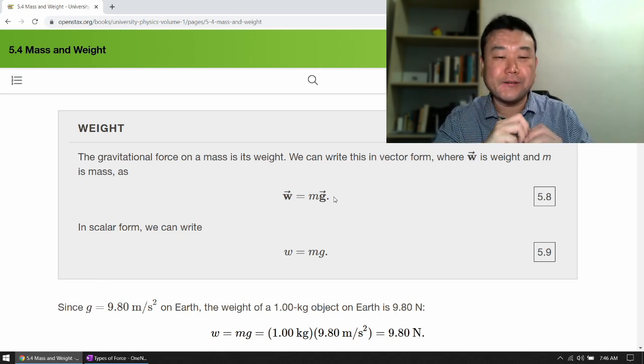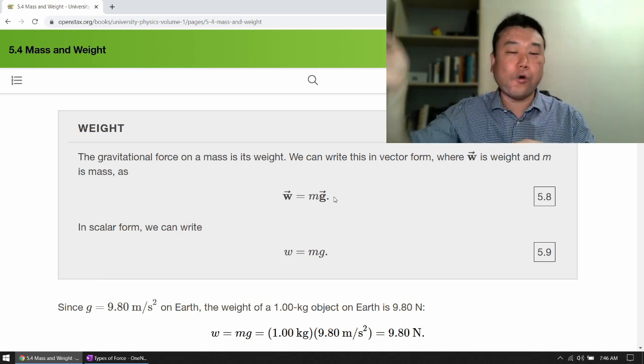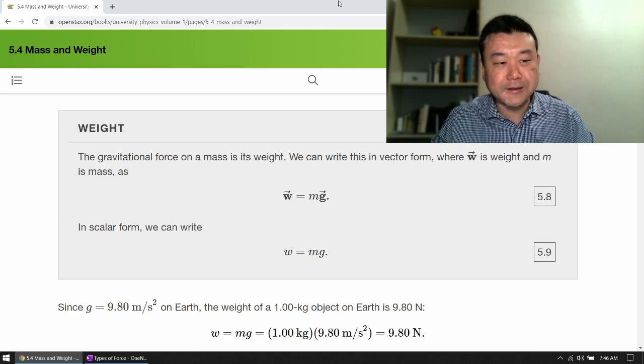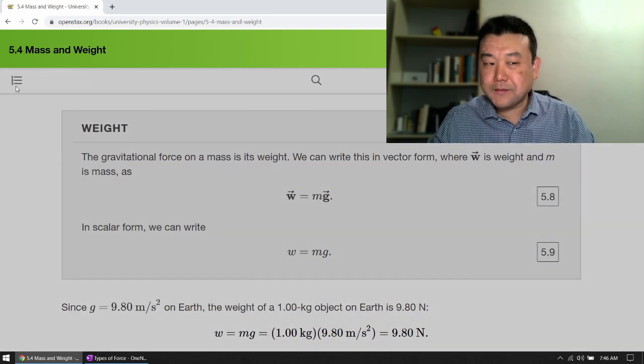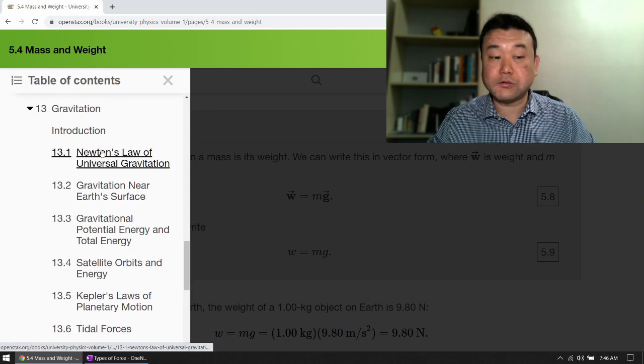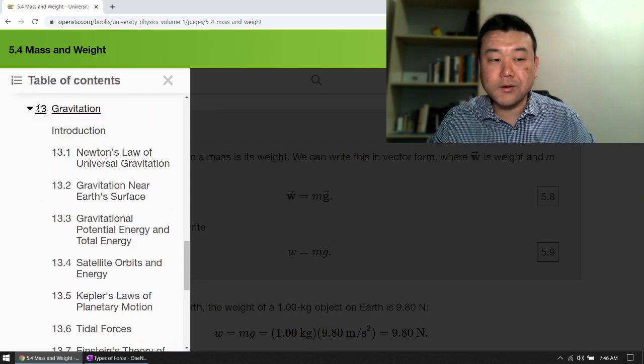Now, when you are farther away, maybe you are in orbit, or maybe we are talking about interaction of astronomical bodies in a solar system, then at some point we do need to bring in Newton's law of universal gravitation. That's in chapter 13.